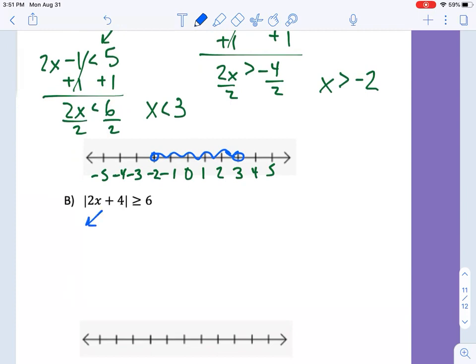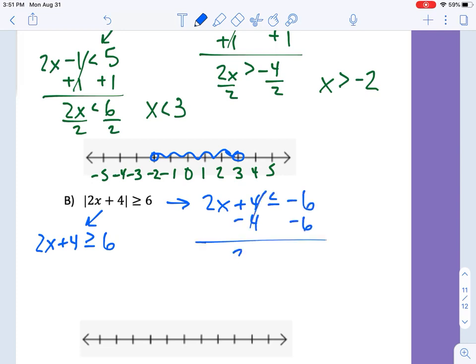And last example here, same thing, split it out. When I flip my sign, I also need to flip my inequality. So x is less than or equal to negative 5.